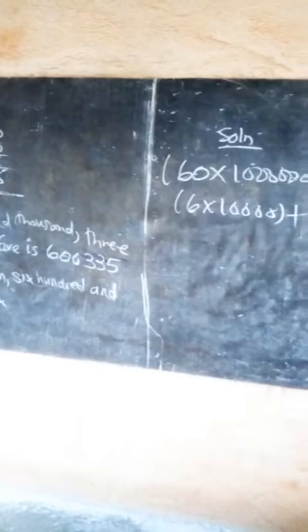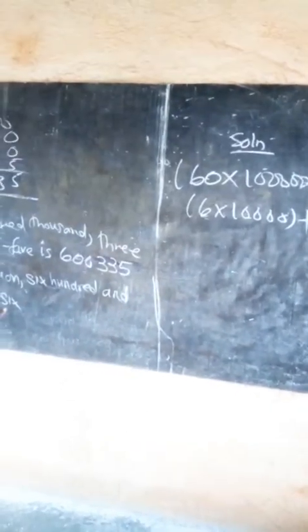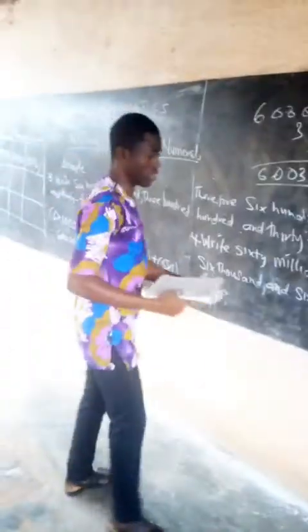Followed by 6 in the ten thousands place, 6 times 10,000. Followed by 6. This is 6. 6 is in the ones place.